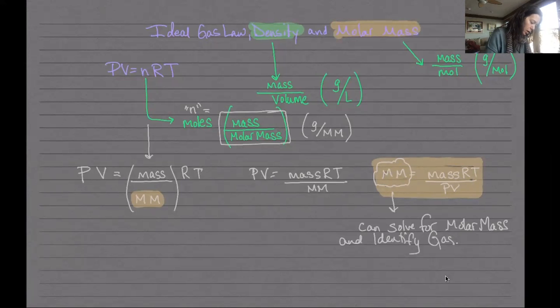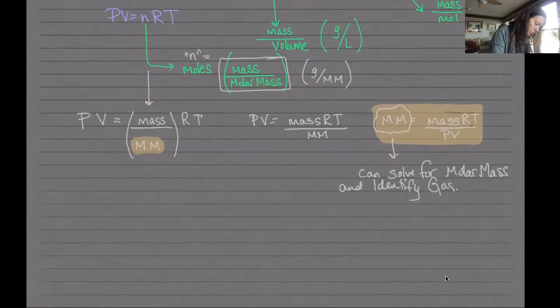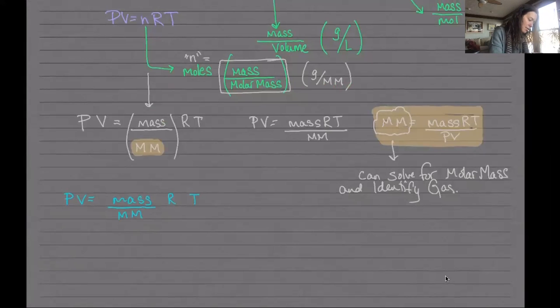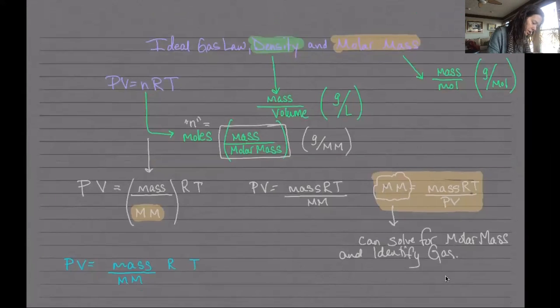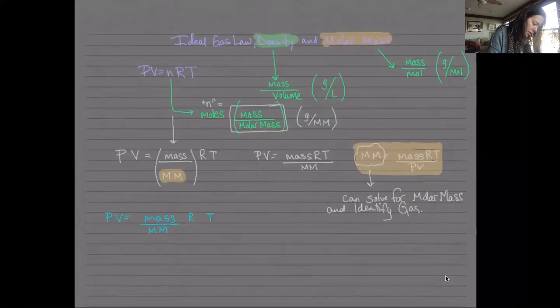Okay, well, let's rewrite this equation and let's derive it. PV equals mass RT over molar mass. All right, well, look what density is. We defined density to be mass per unit volume.